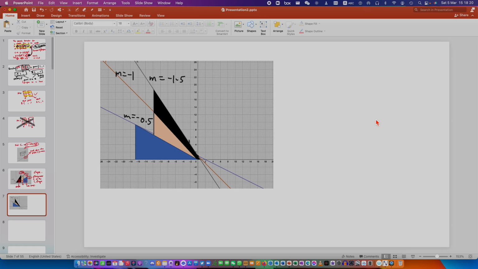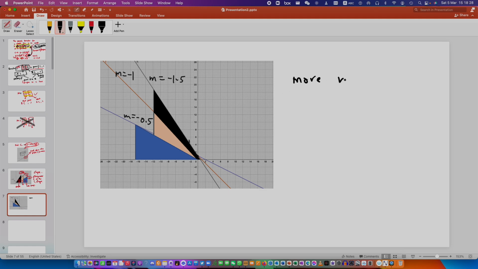Are you clear? So what's the effect? More negative, it means negative 100. Let's go more negative. So more steep.